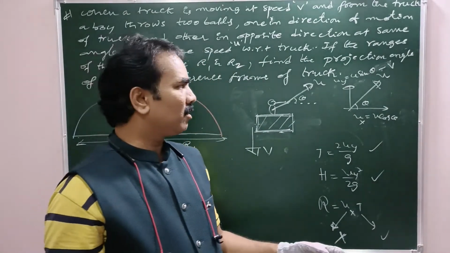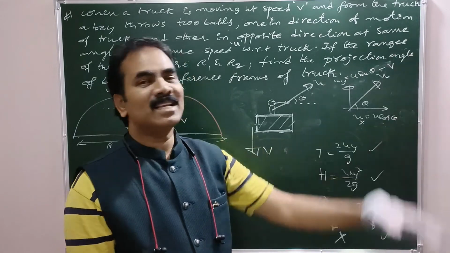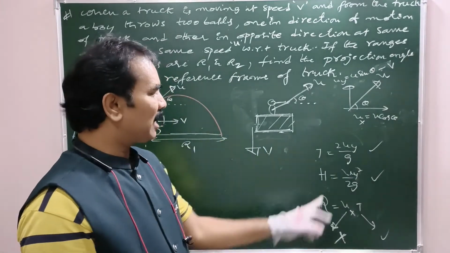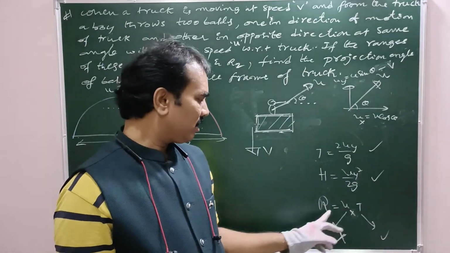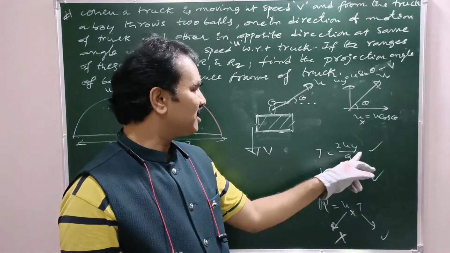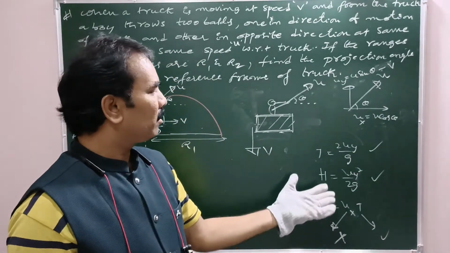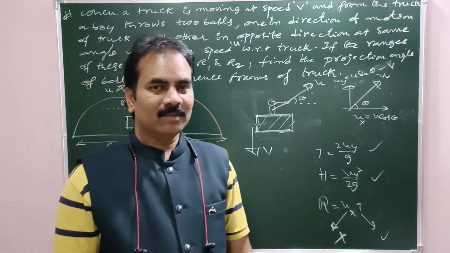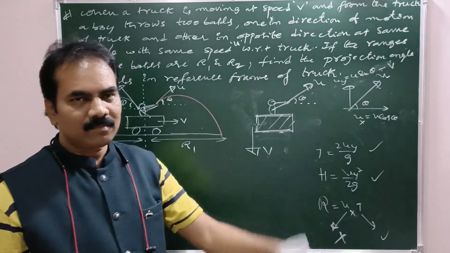So as a whole, the vertical component of velocity decreases, u sin theta minus v this time. So time of flight changes because uy changes, maximum height also changes, range also changes. Of course u cos theta is constant, but time of flight changes because of the change in the vertical component of velocity. So that's how all the factors are affected by this downward motion of the reference frame.